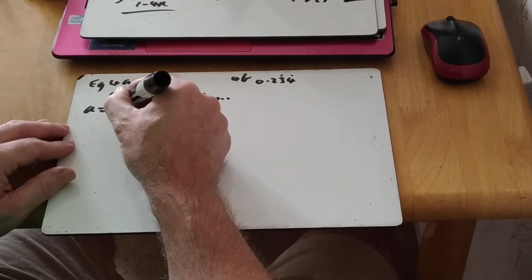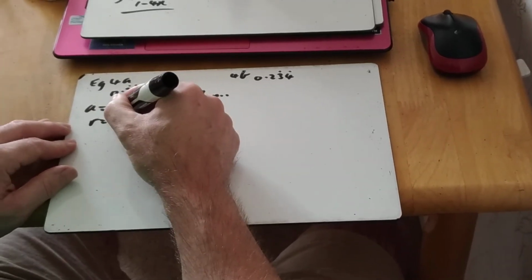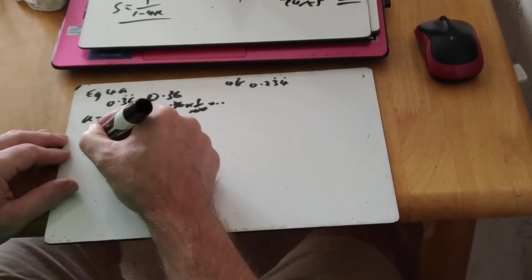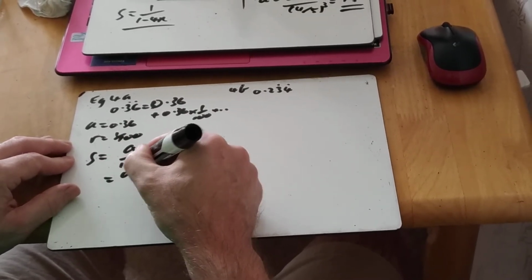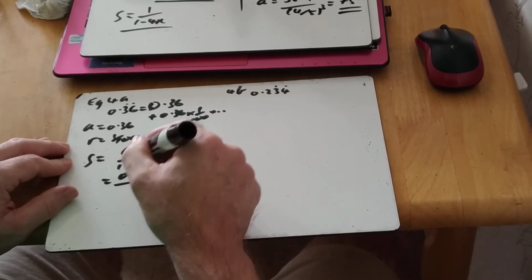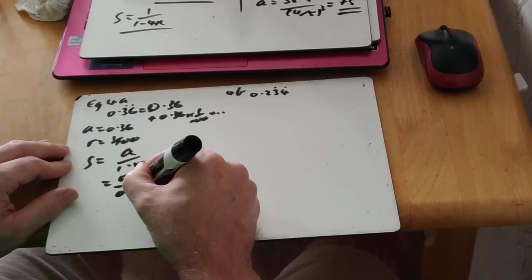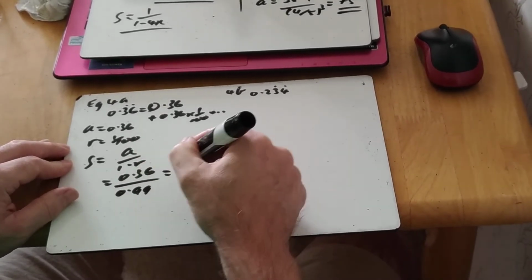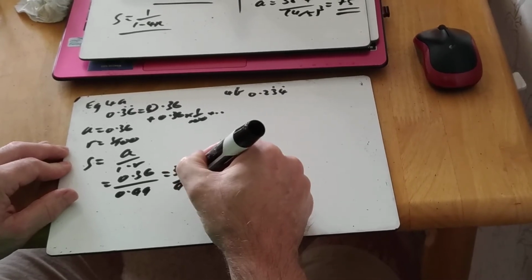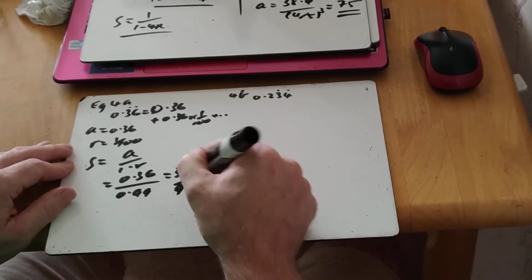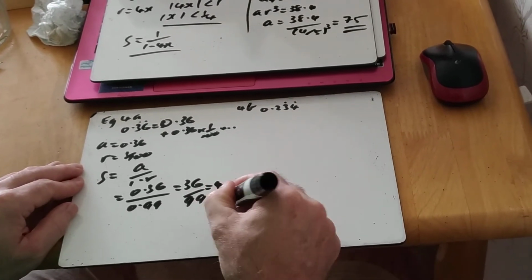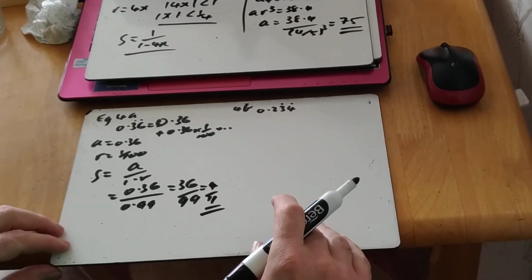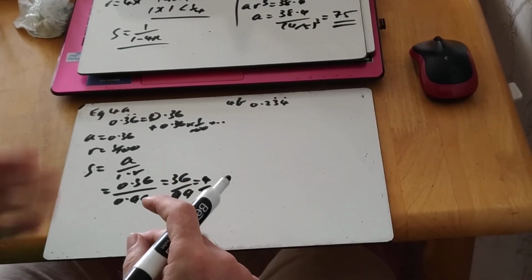So we're going to have a is 0.36, r equals 1 over 100, S equals a over 1 minus r, is 0.36 over 0.99. Times both by 100, 36 over 99, and obviously we can cancel down, we can divide them both by 9 to get 4 over 11. Check in the calculator if you want to: work out 4 over 11, it should give you that as a decimal.